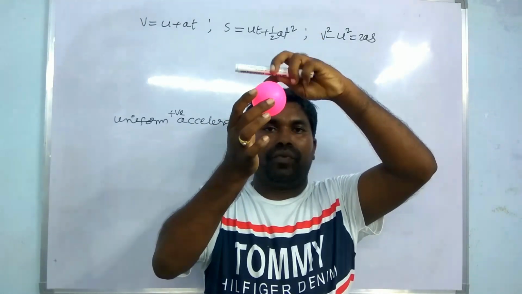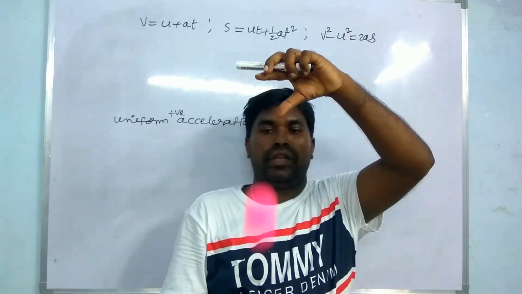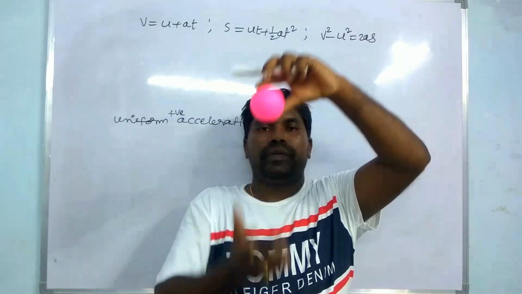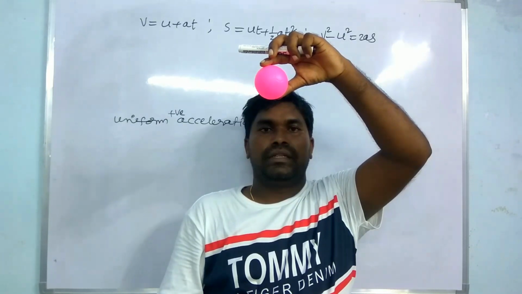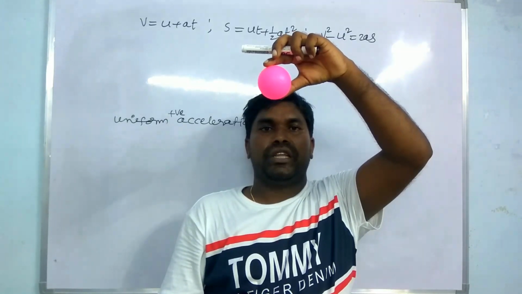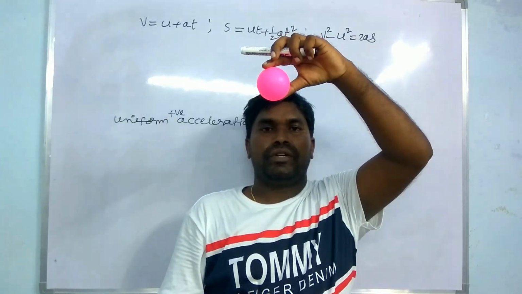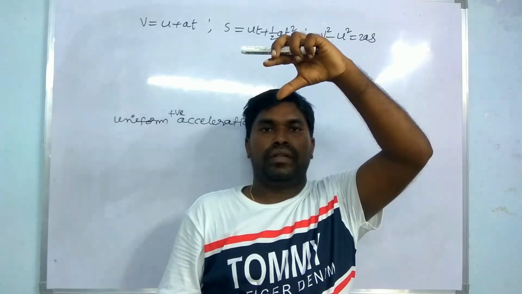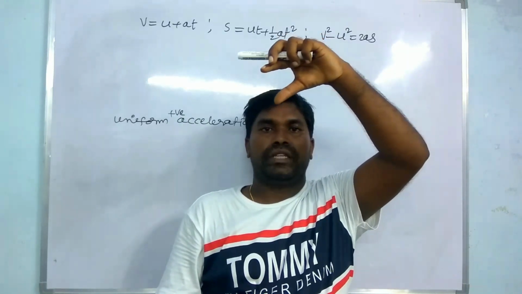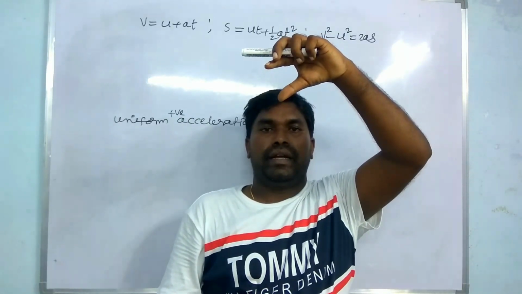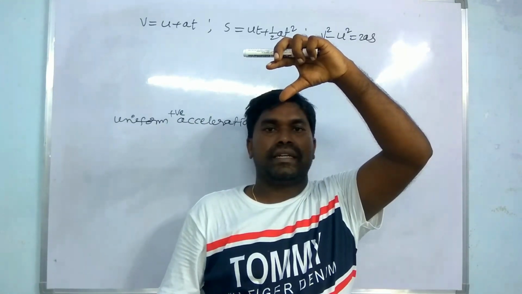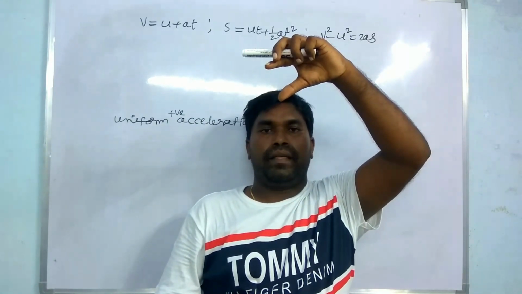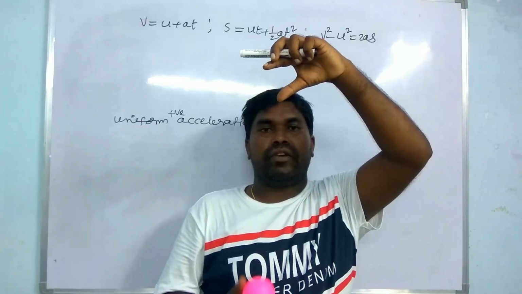In case of a freely falling ball, the initial velocity of the ball is equal to 0, and the final velocity is not equal to 0 when hitting the ground point.